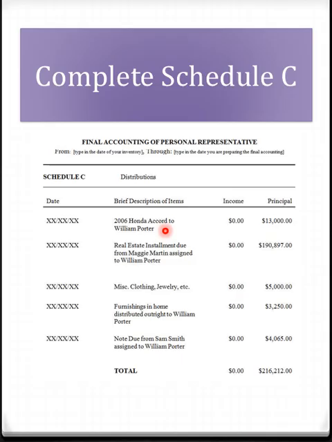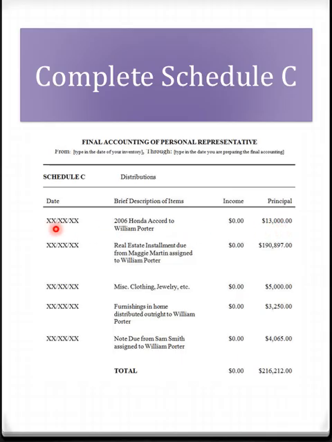And this is the item received, and the transaction affected principal. And that's again part of the Principal and Income Act. That it's a whole different class that we won't be doing. And you can use fictitious dates that fall within the inventory period. And that inventory period again is as designated here and should be the same on every page of your final accounting.